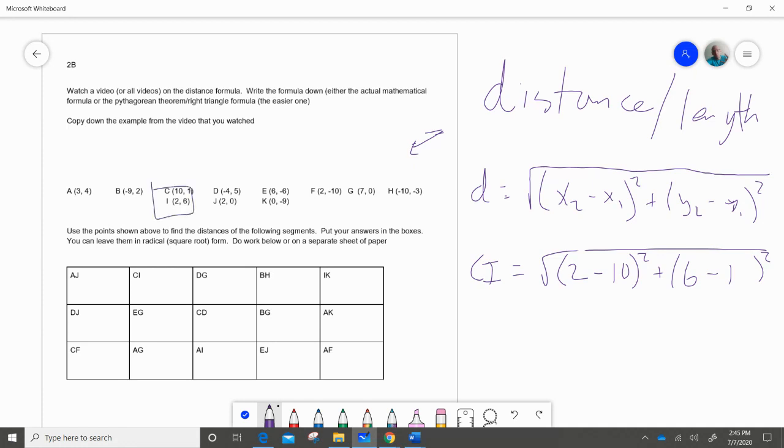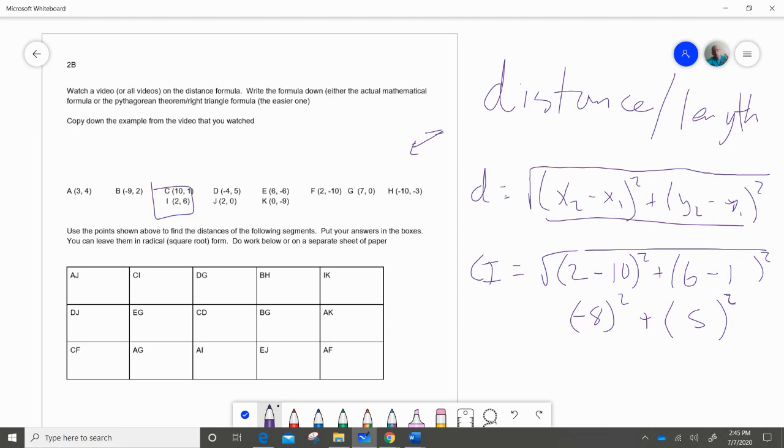All right, so 2 minus 10 is negative 8. 6 minus 1 is 5. Now remember, whenever you have a negative number and you square it, it becomes positive. You can never take the square root of a negative number, so the numbers underneath the square root are always going to be positive, no matter what. Each parenthesis ends up being a positive number after we square it.